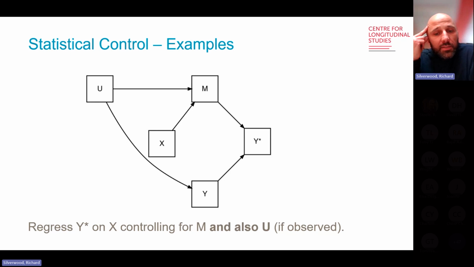Instead, we would need to also condition on U, and we can do that again by including it in a regression model. In practice, U is likely to be more than one variable, and so of course we're relying on being able to observe all of those variables, or at least something sufficiently close to all of them, to allow us to appropriately control for U in this instance.